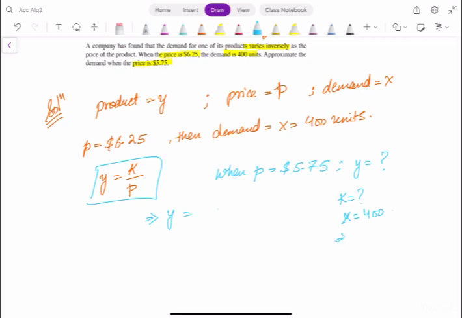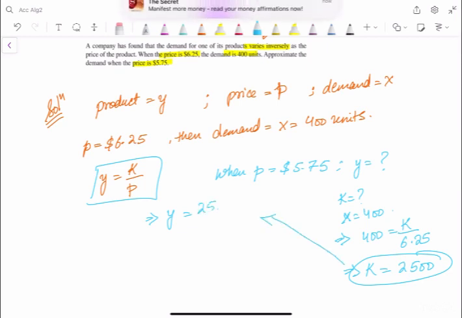So I can plug the values as 400 is equal to k over 6.25. Now I have put x is equal to 400. You can put y is equal to 400 if you want to match with the y is equal to k over p format. So the constant will be 2500. Now I know the constant to be 2500. I know the price that they want to sell at, which is 5.75.